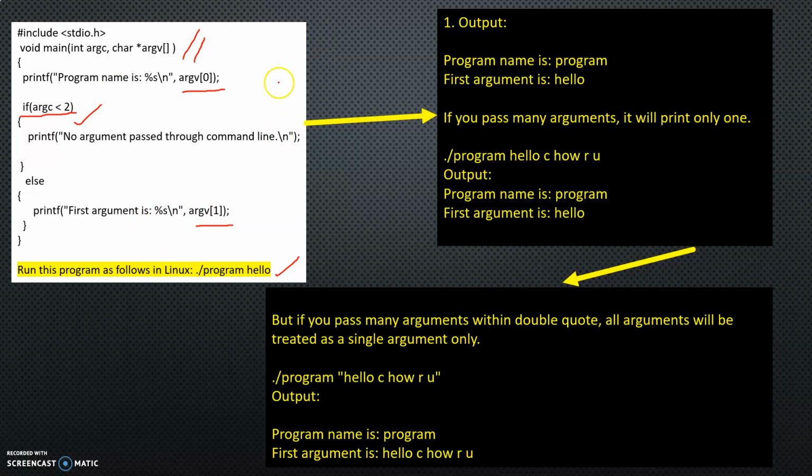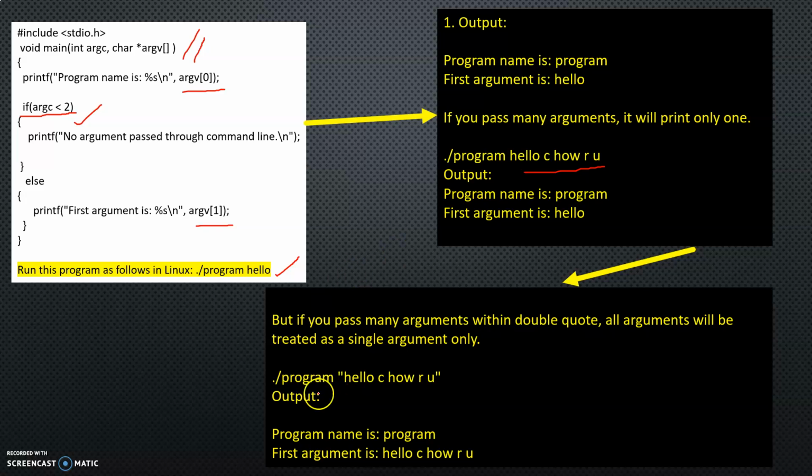Now, sir, is there any other way of placing all the elements that I am writing here? Yes. If you write hello, C, how are you, or hello, I am a good boy, inside double inverted commas, it is taken as a whole string. No one can break it. It will be taken as a single argument.